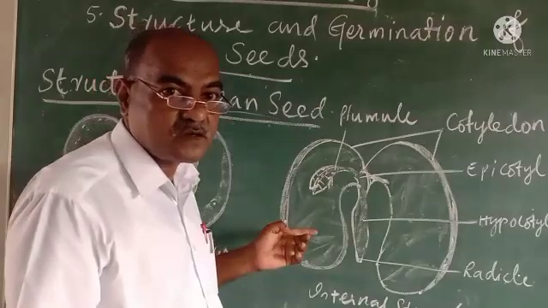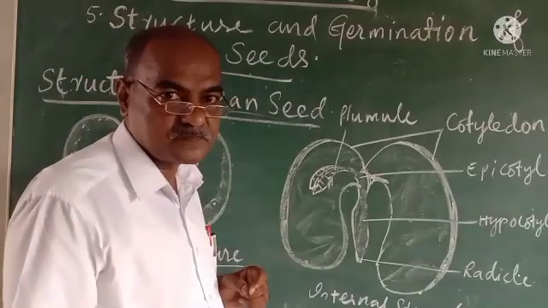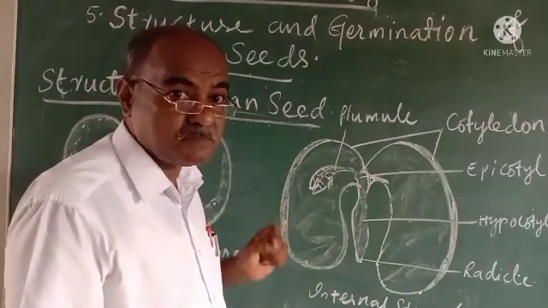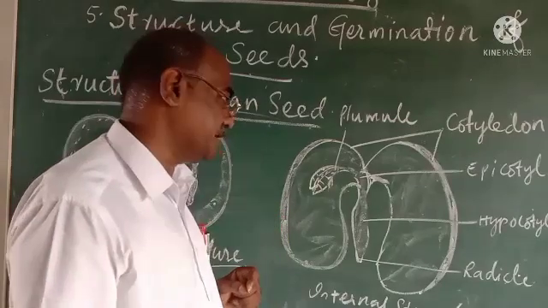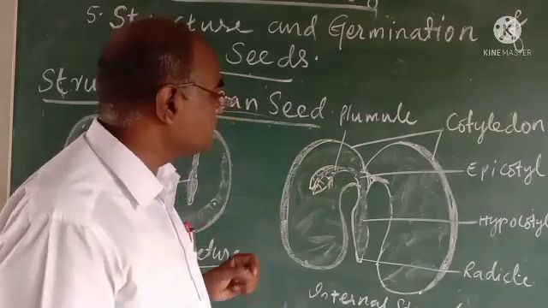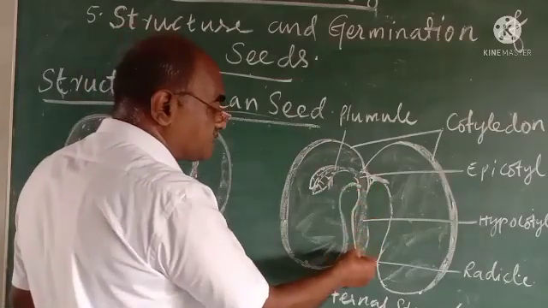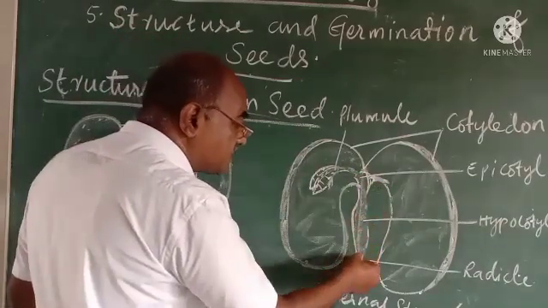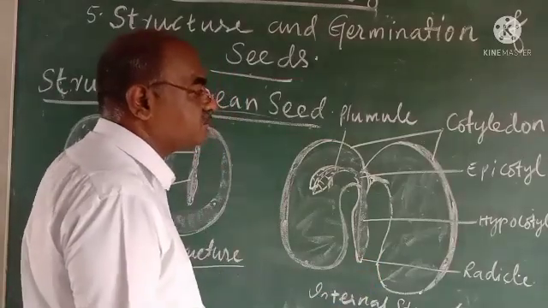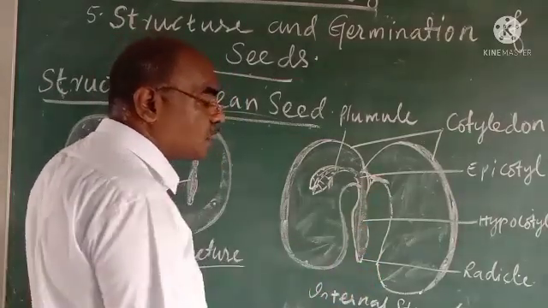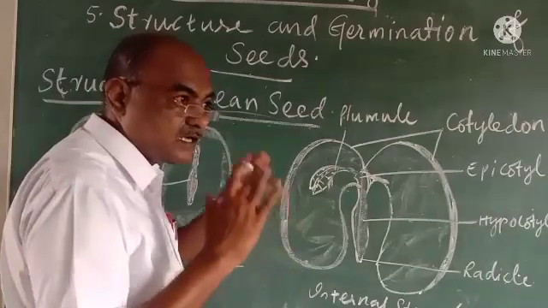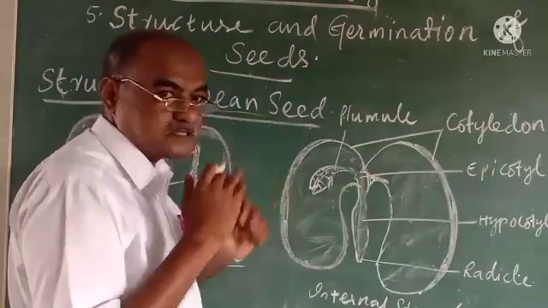That is why these seeds are called exalbuminous or non-endospermic. Non-endospermic. Understand? Then there is the embryo axis in the middle, from which the total development of the embryo takes place.